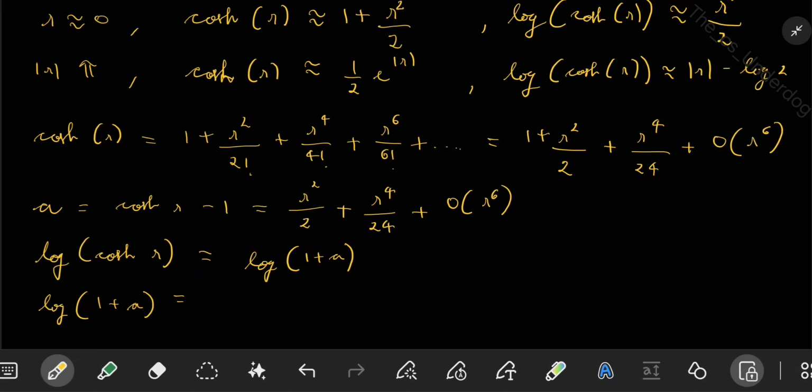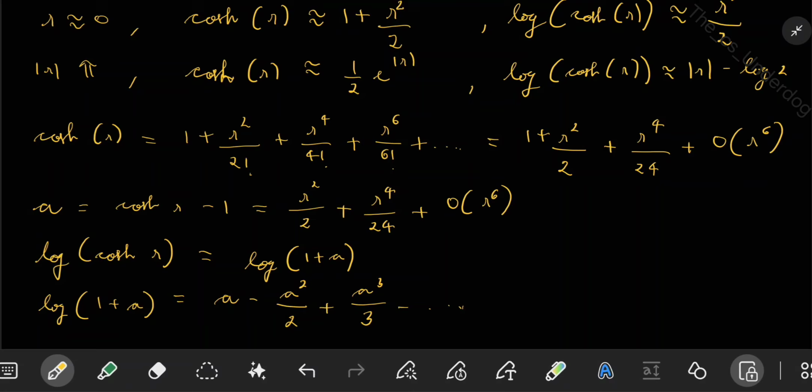Log 1 plus a using Taylor series can be written as a minus a square by 2 plus a cube by 3 minus and so on. So this is the Taylor series expansion for log of 1 plus a.